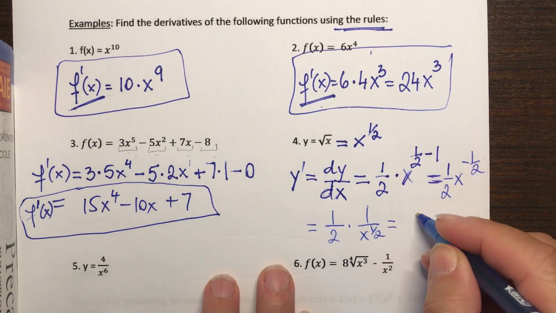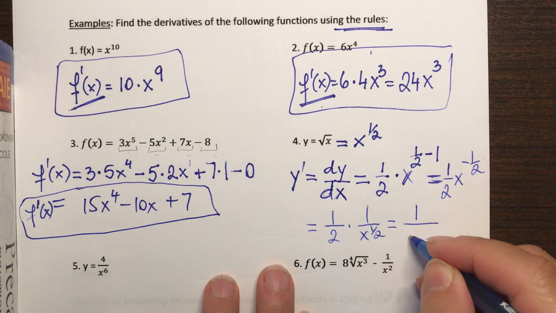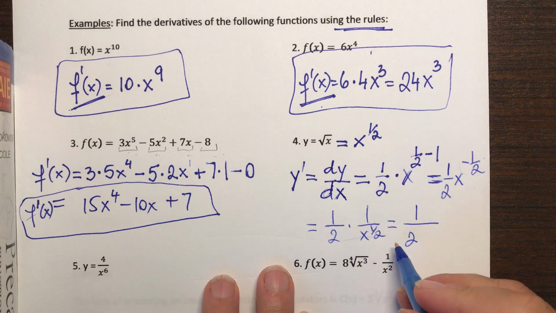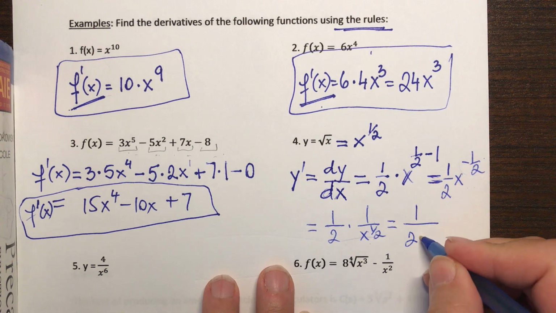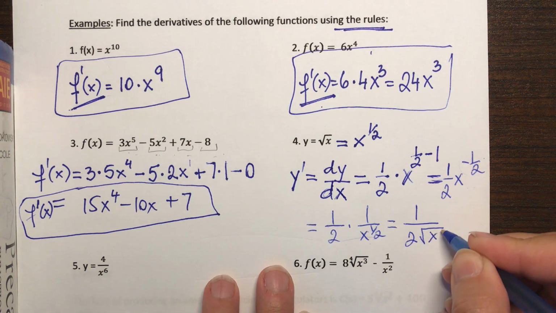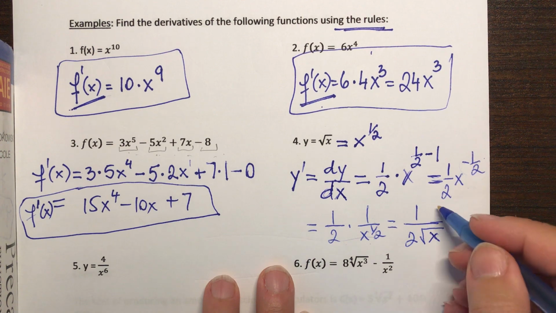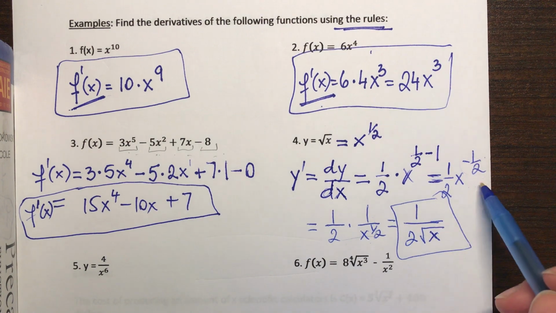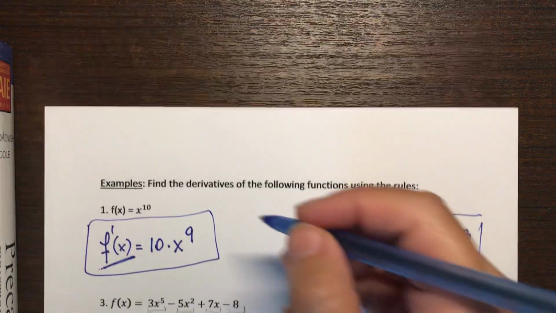Okay, so this is a 1/2. Again, multiplying fractions, I'm going to multiply straight across. And x to the 1/2, I can rewrite it back as a square root of x. So here's my answer. Now, do you have to fix negative exponents? Yes.